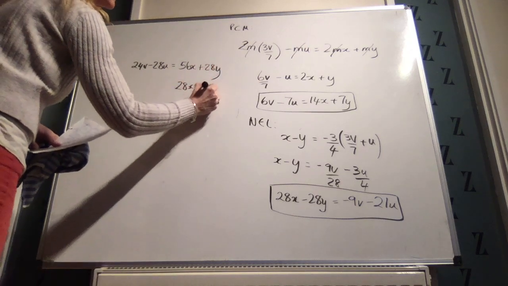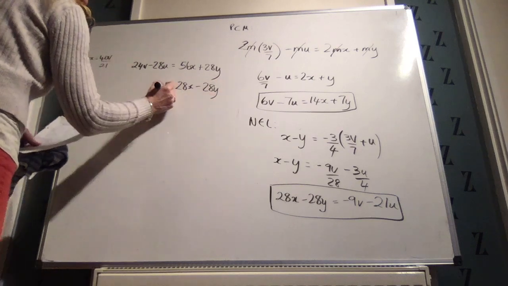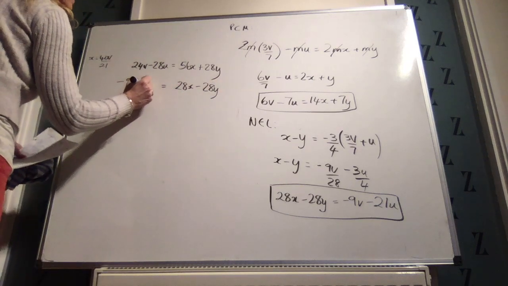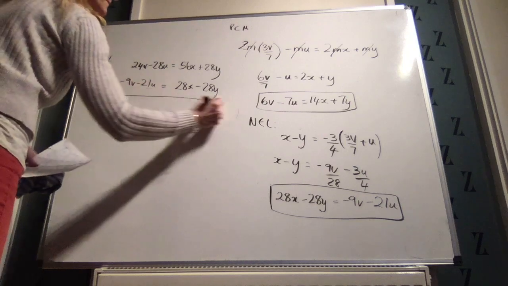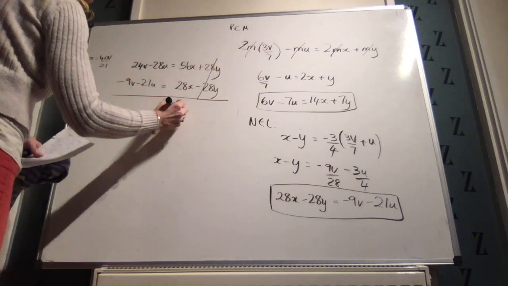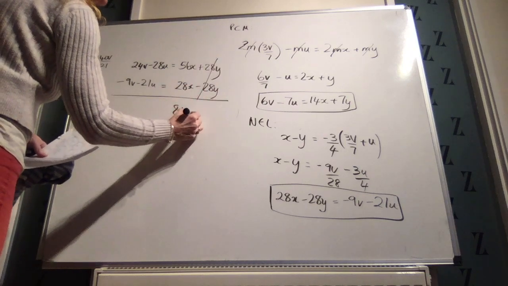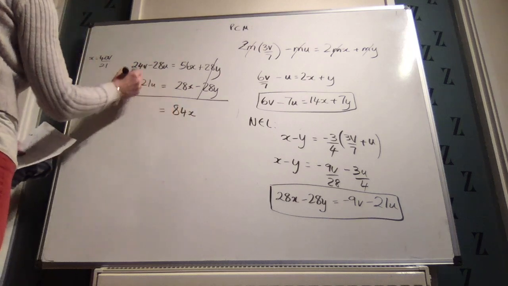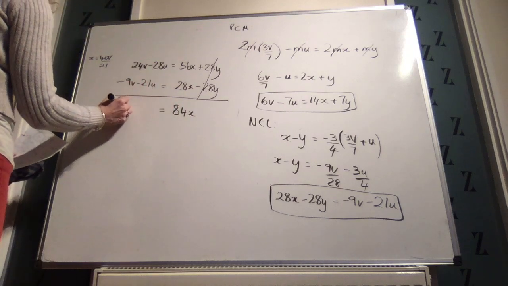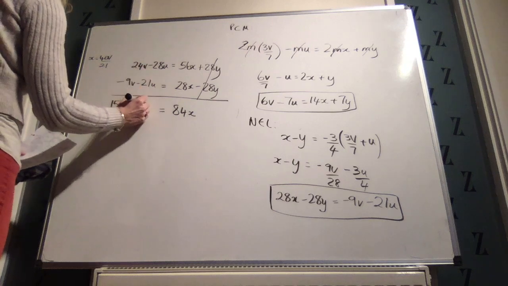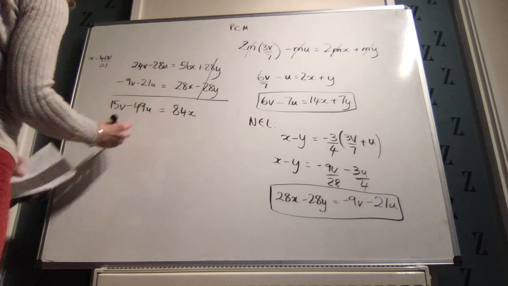28x minus 28y is equal to minus 9v minus 21u. Our y's add to 0. We get 84x is equal to 15v minus 49u.